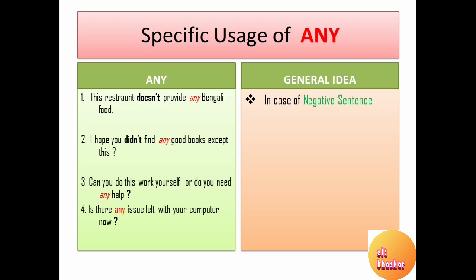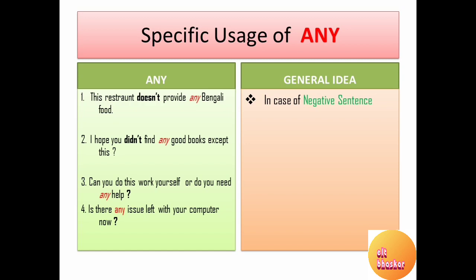We have used a negative word here, and therefore it is a negative sentence. And we also know that if the sentence is negative, then we will use any and not some. Quite in contrast to the general idea where we use some in affirmative sentences, here we will use any in negative sentences.